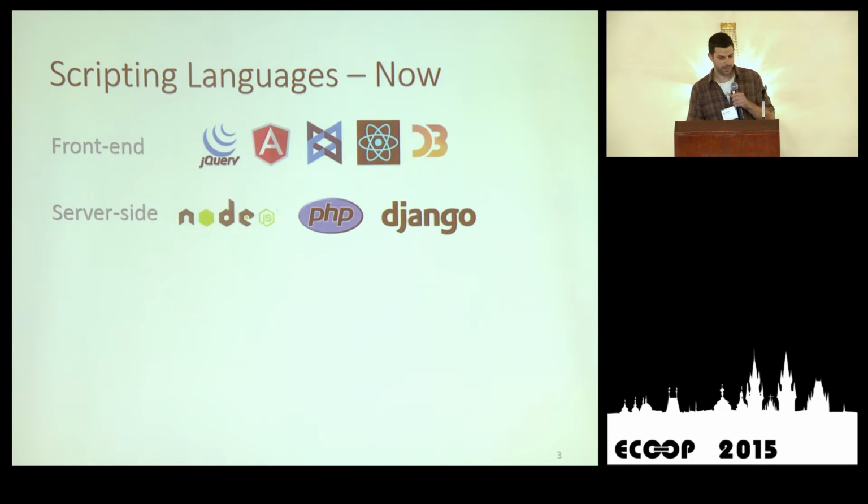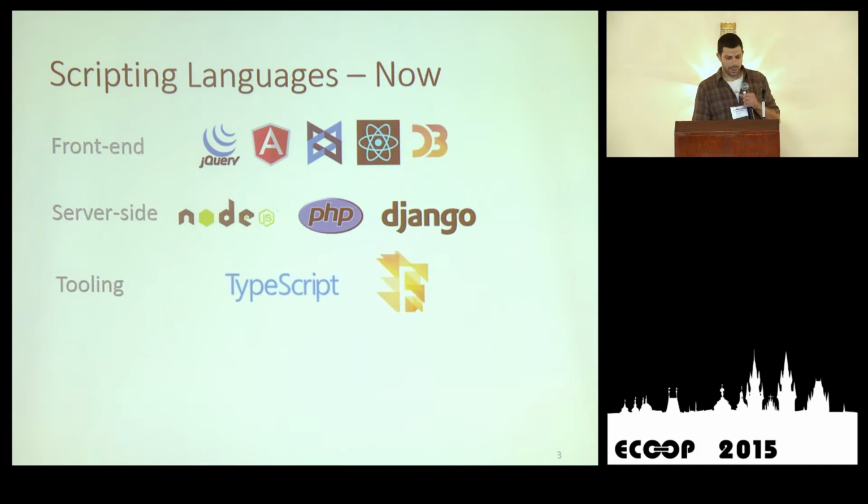However, nowadays, a great deal of applications, like full stack applications, are written in scripting languages, for example JavaScript, and not just the front ends but also server-side applications. Developers more and more find that the tooling support, such as typing support from TypeScript or Flow, gets really good results for them.